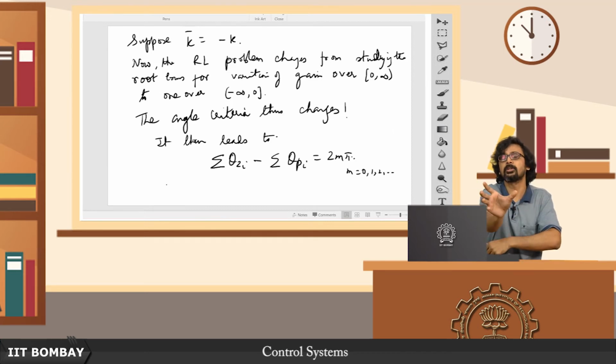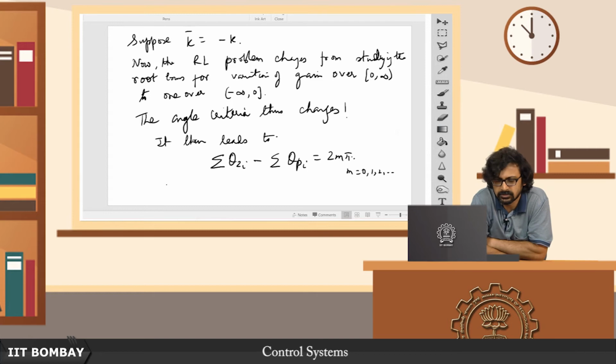What about locations on the real axis which are part of the root locus? Now this is the interesting bit, and this also justifies the name complementary root locus. Wherever on the real axis you don't have the conventional root locus, on every such point on the real axis you will have the complementary root locus. I urge you to take this as a very easy exercise.